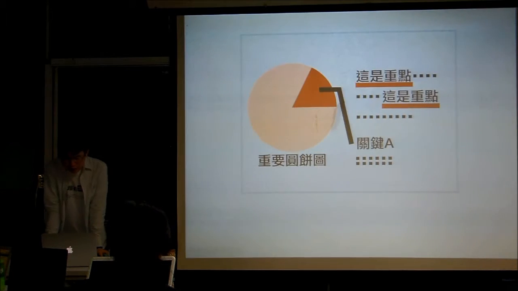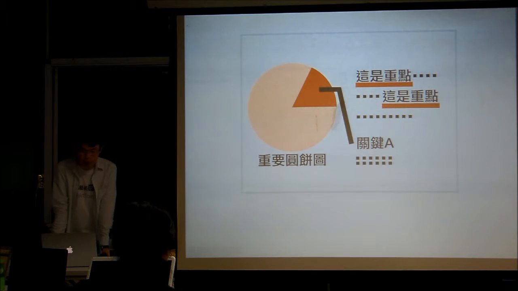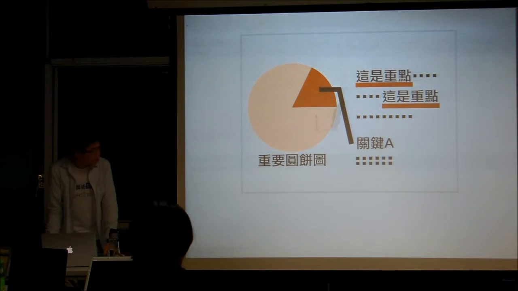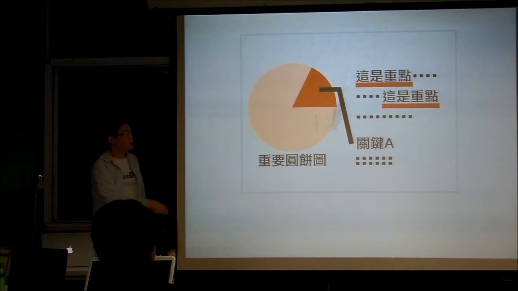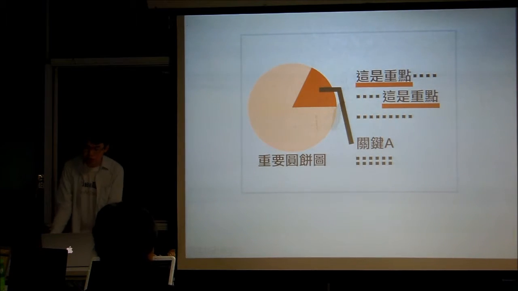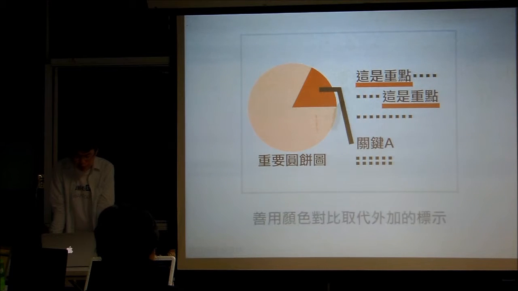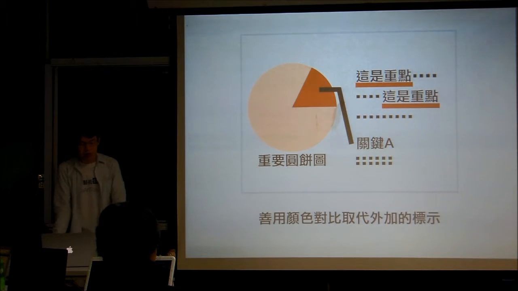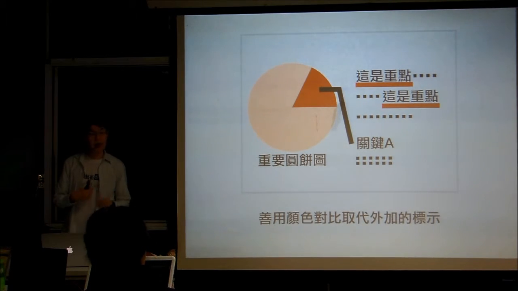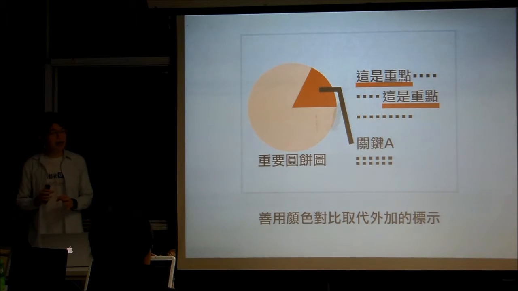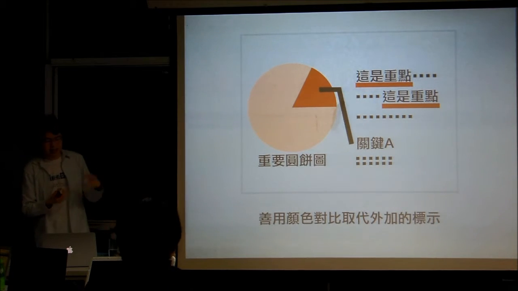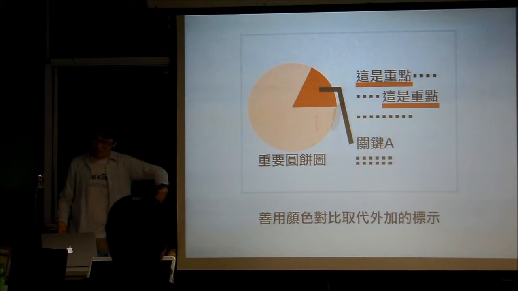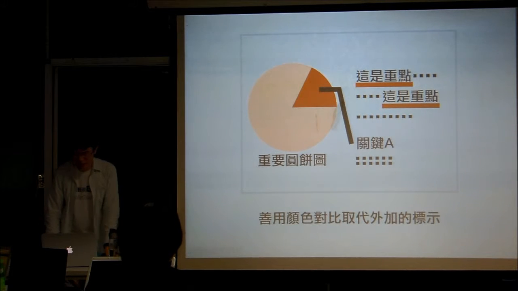Okay, so here is also a chart you may use. Here is the chart with the size, and here are some explanatory words you want to say. And you can also use color to replace the things you add beyond the chart itself.